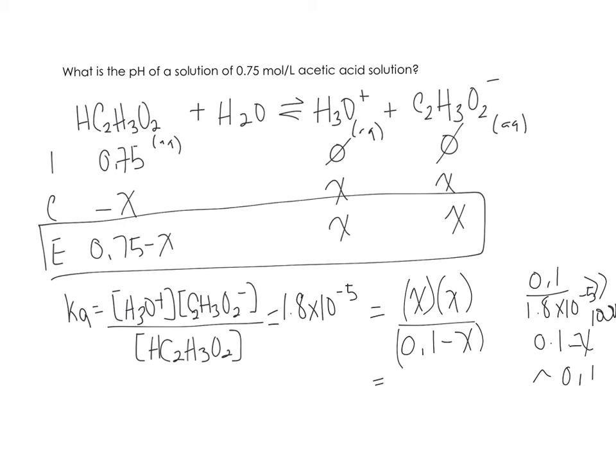That simplifies our life so much better. So now we have x squared over 0.1 is equal to 1.8 times 10 to the negative 5. So 0.1 times 1.8 times 10 to the negative 5 is equal to x squared. Just take the square root of both sides. So 1.8 times 10 to the negative 6, square root.